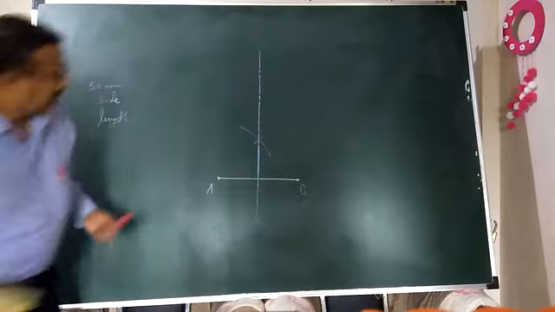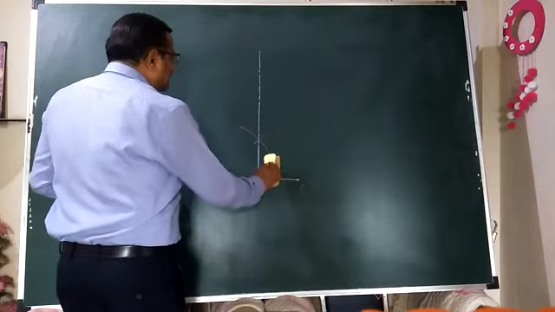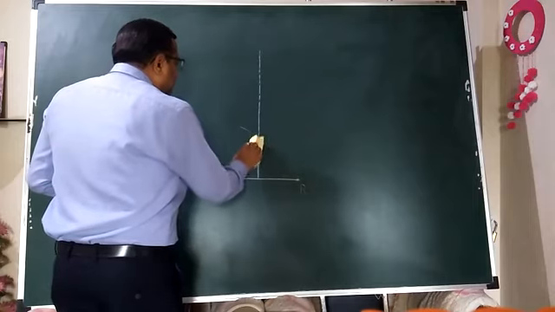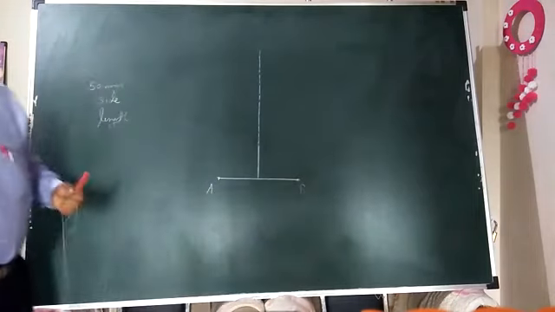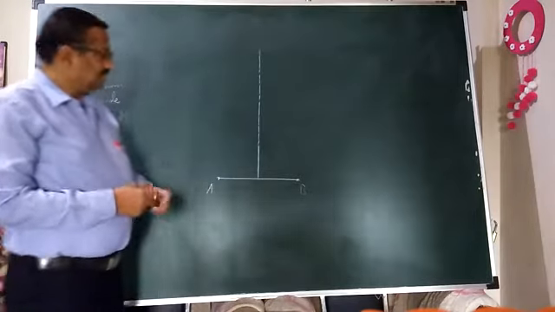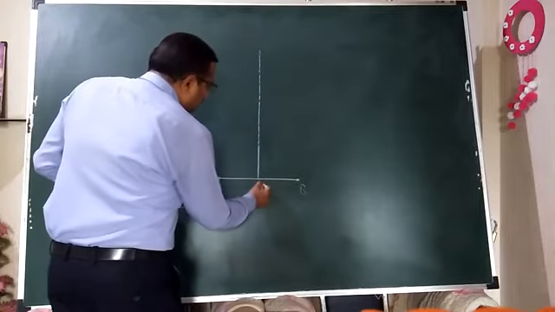Okay, now this is not required. This I will erase. Similarly, immediately, these arcs also you have to erase, to retain only this horizontal line and this vertical bisector line. Now what you have to do? Suppose this point is O now.